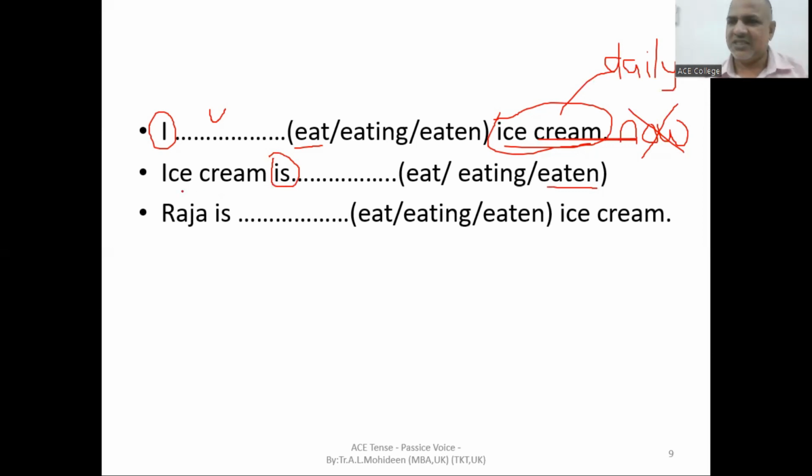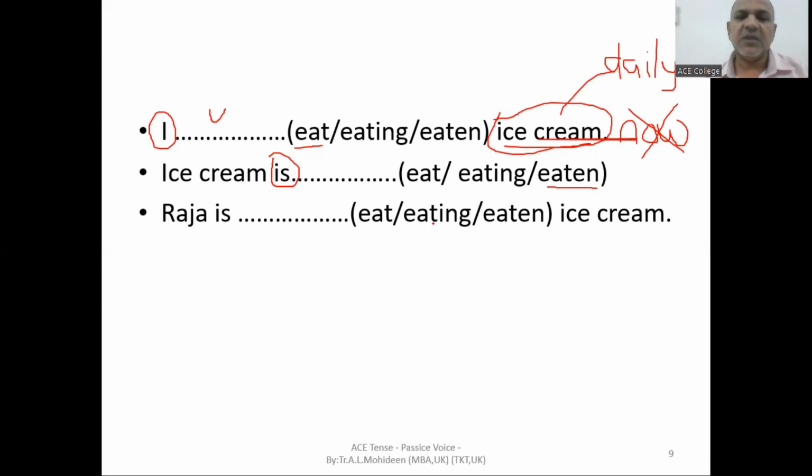It's an object, right? If it is an object, you have to bring the fifth form. Ice cream is eaten, right? If it is I am eating ice cream here, correct. But if it is only ice cream coming, you have to put ice cream is, then eaten. What about this one?